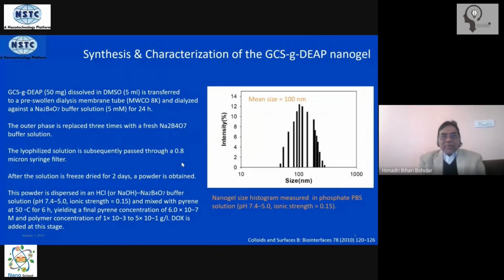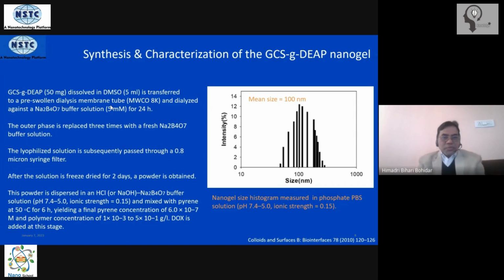Okay, now after the precursor has been synthesized and characterized, it is required to form the nanogel now. So we take a certain amount of this polymer precursor, dissolve it in DMSO and allow it to equilibrate for a while. And then you put it in the dialysis bag with some molecular weight cutoff of 8,000 and dialyze it against sodium borate buffer solution for about 24 hours.